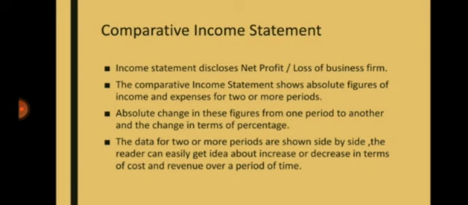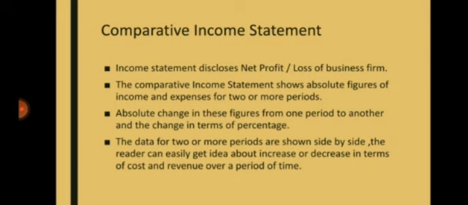The comparative income statement shows absolute figures of income and expenses of two or more periods, and later whatever changes in these figures there are from one period to another, and the changes in terms of percentage, will be shown in the comparative income statement.